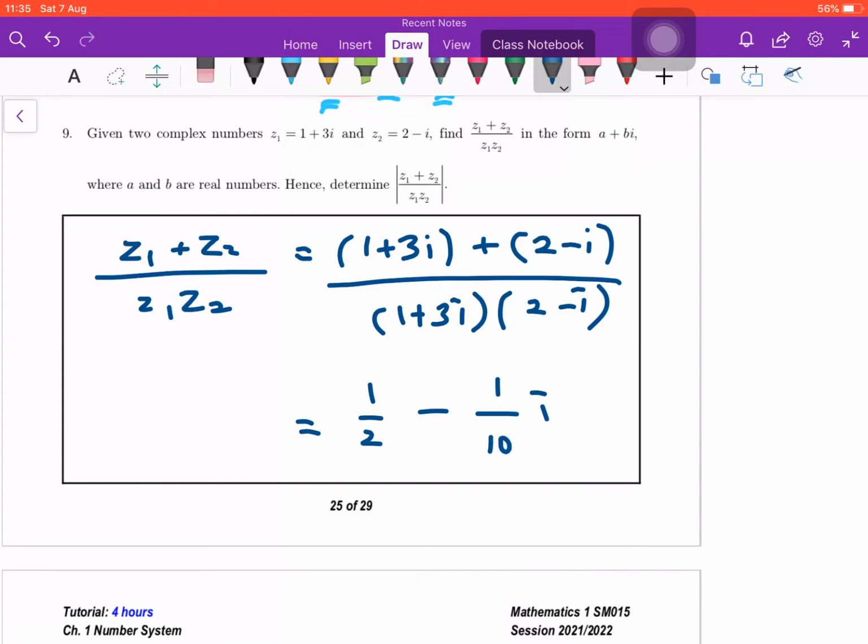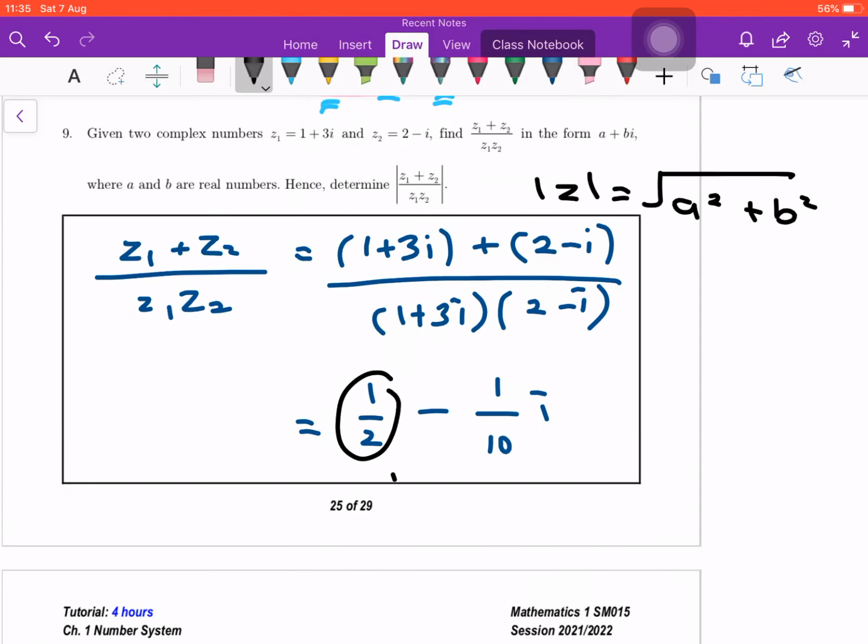Dia suruh awak cari modulus Z. Sebenarnya, determine modulus tu, dia suruh awak cari modulus Z je. Apa formula modulus Z? Basic formula dia, modulus Z is equal to sqrt of A square plus B square. Apa A awak? Ni B awak.